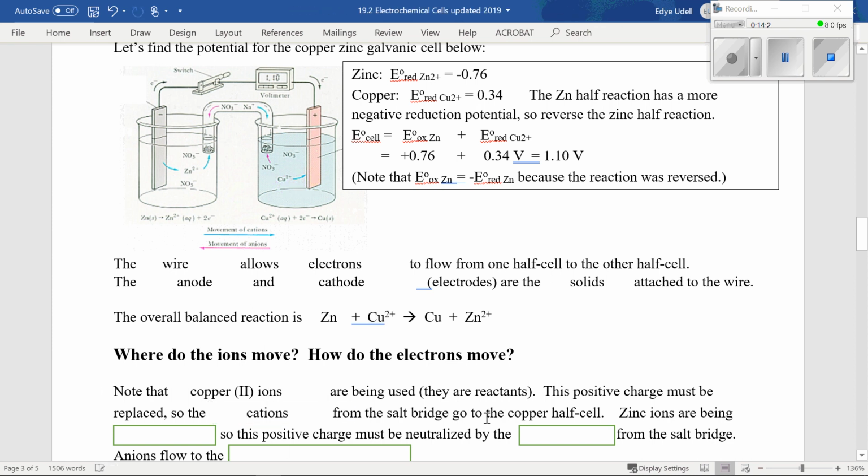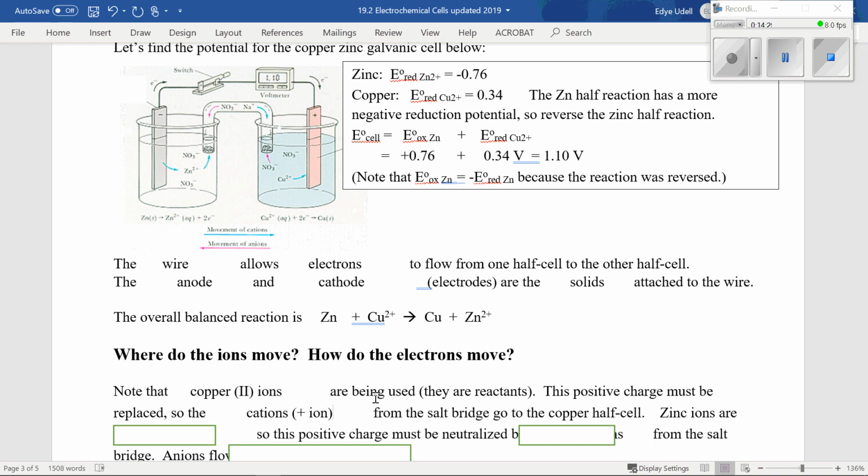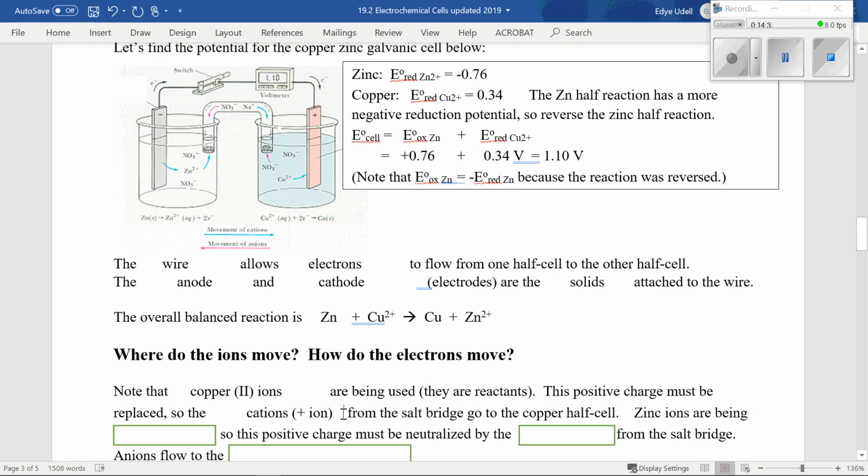So the cations, remember cation is a positive ion, so the positive ions from the salt bridge will go to the copper half cell. Zinc ions, look at this, we are making zinc ions. So we're building up positive charge over on this side.